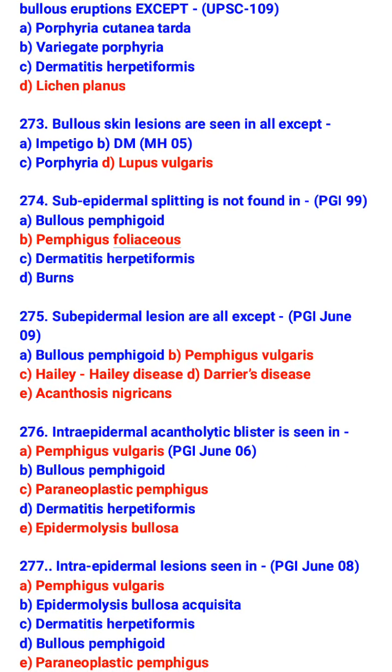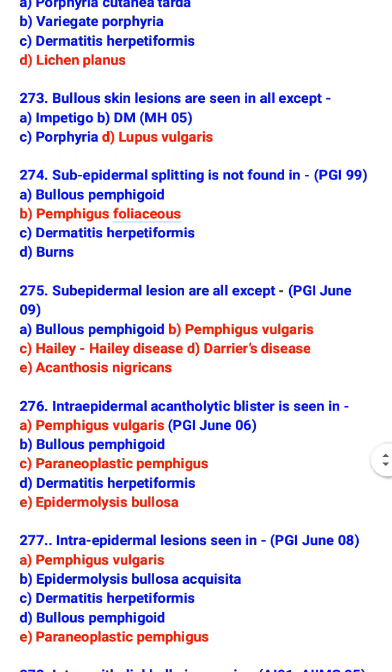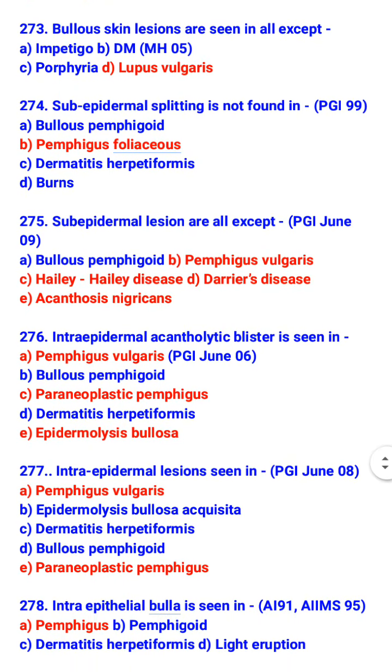Subepidermal splitting is not found in pemphigus foliaceus. It is seen in bullous pemphigoid, dermatitis herpetiformis and burns. Subepidermal lesions are all except pemphigus vulgaris, Hailey-Hailey disease, Darier's disease and acanthosis nigricans. So the subepidermal lesion is bullous pemphigoid.